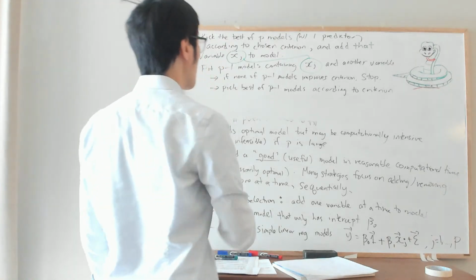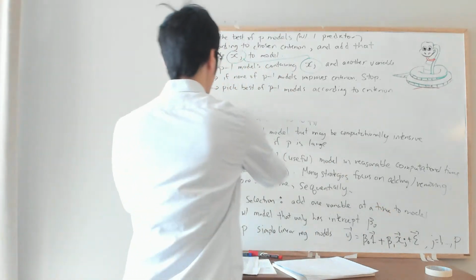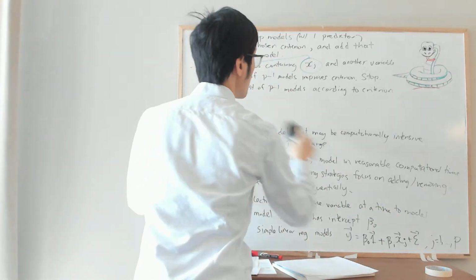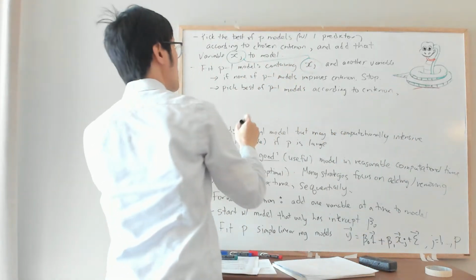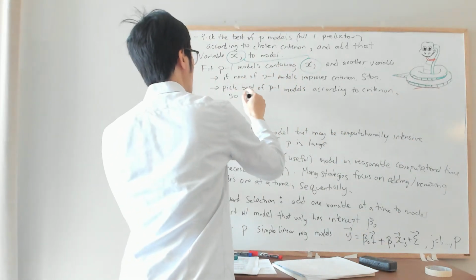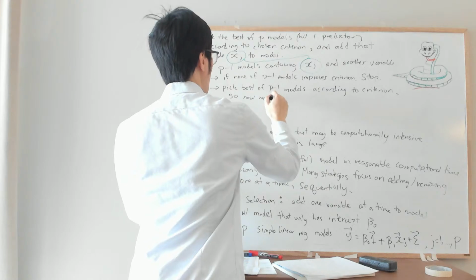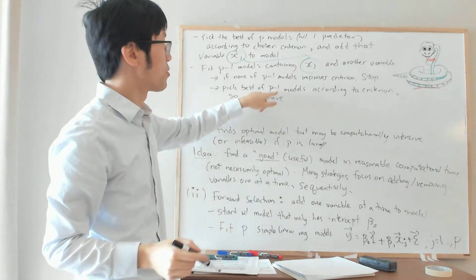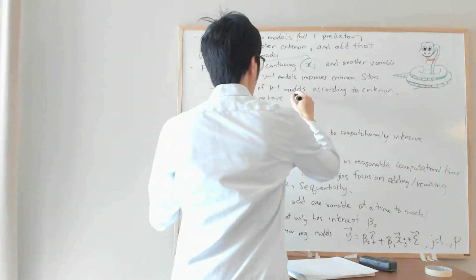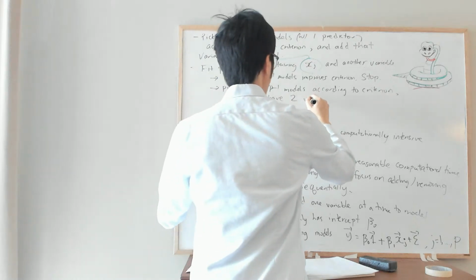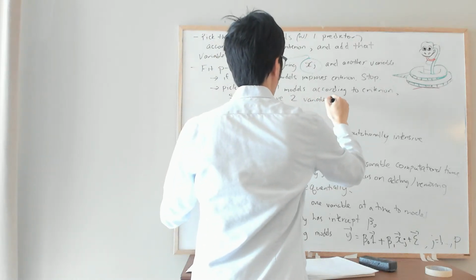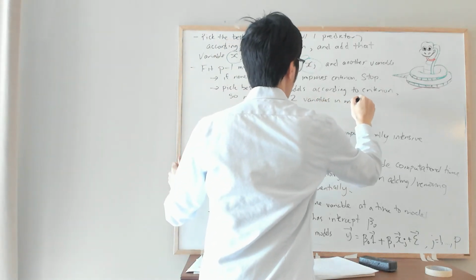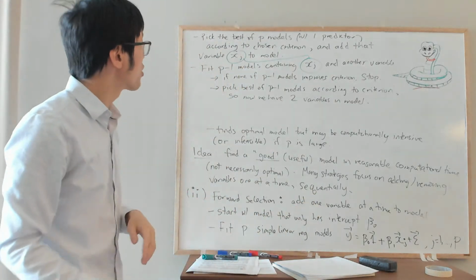And so now we add that variable. So now we have that model, which will correspond to having two predictors, two variables in the model. Okay, so pretty straightforward procedure.